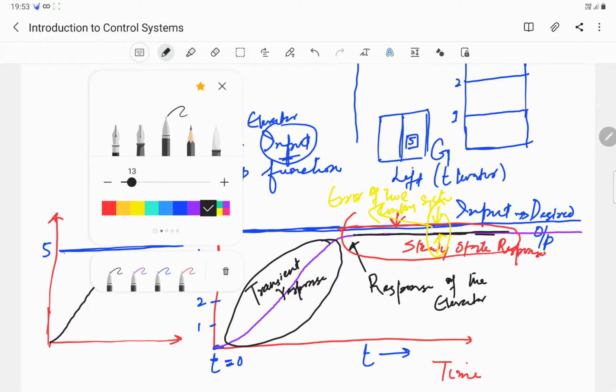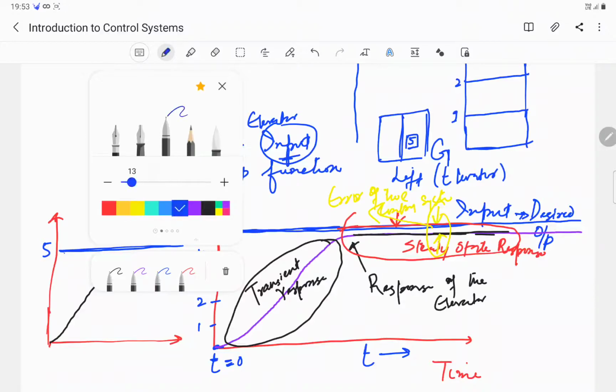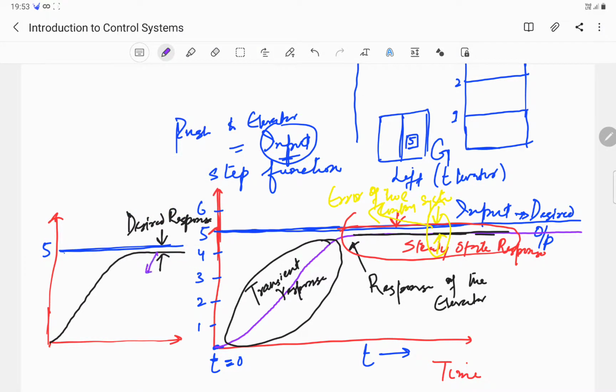This difference is the steady state error.